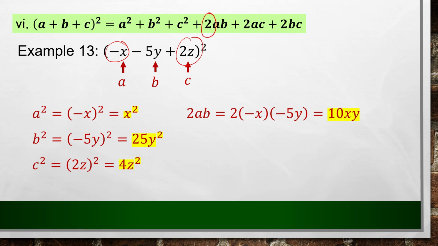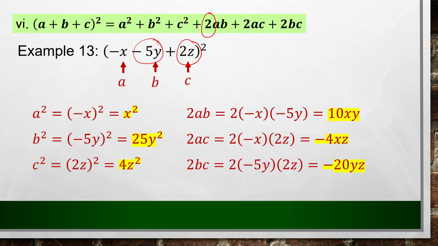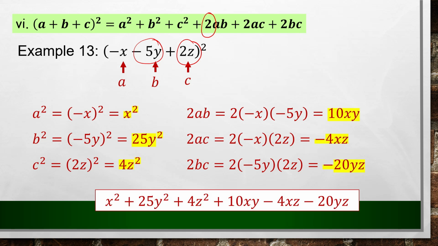So negative x times 2z is negative 2xz times positive 2. That's negative 4xz. And of course, the last one, multiply the last two terms, and the last two terms are negative 5y and positive 2z. So negative 5 times 2 is negative 10yz times 2, that's negative 20yz. And of course, just put all of those 6 terms together, and that will be our answer.